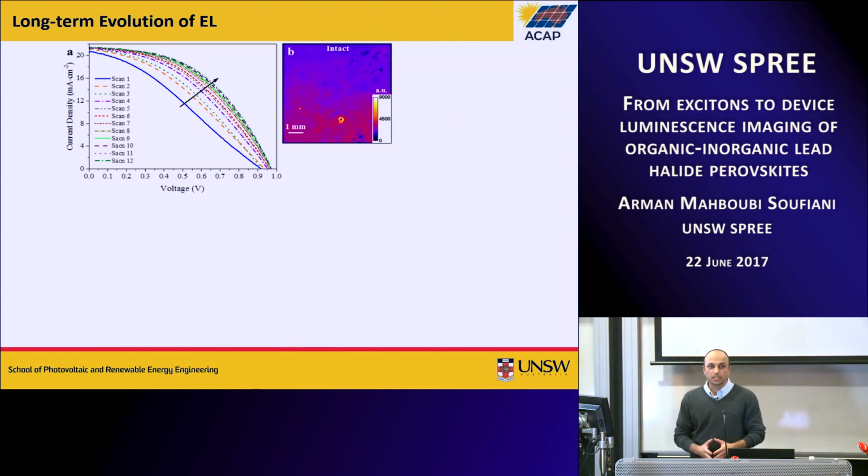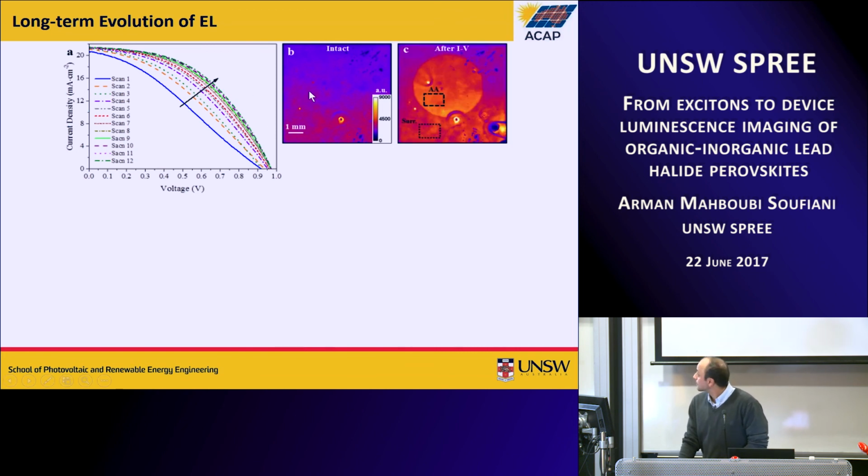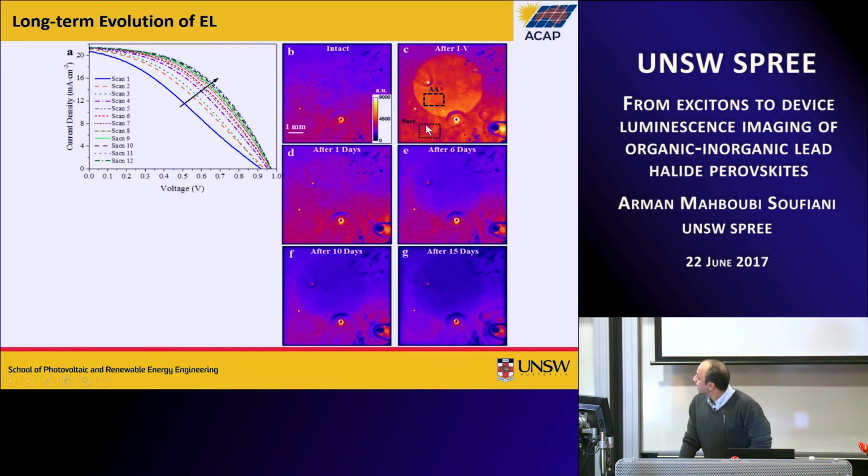Then I want to see what is the long-term effect of prolonged illumination on the perovskite devices. So I took another device and performed several IV scans, and right after IV, you can see again the region which was illuminated appears brighter. This AA is the aperture area, and this region is the surrounding. Then I tracked the EL images.